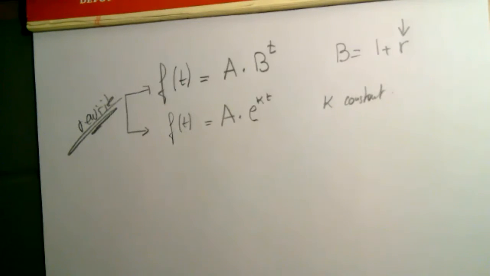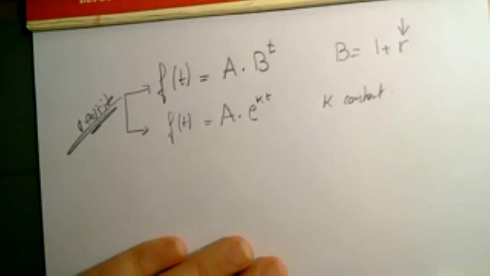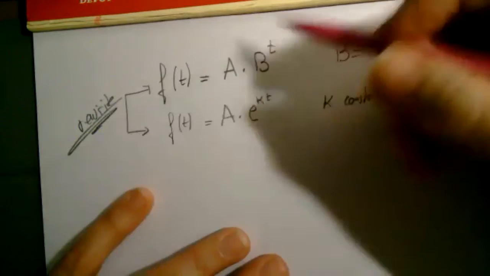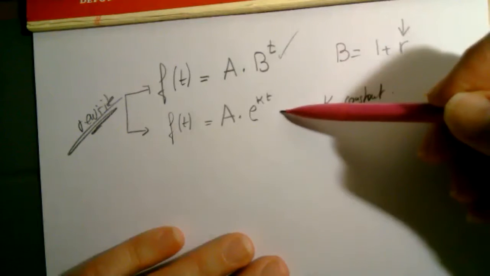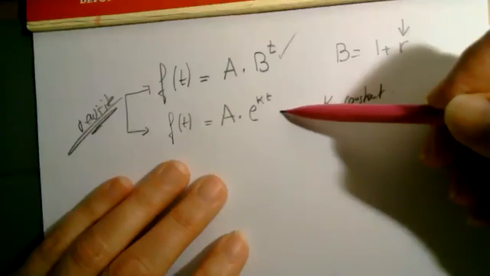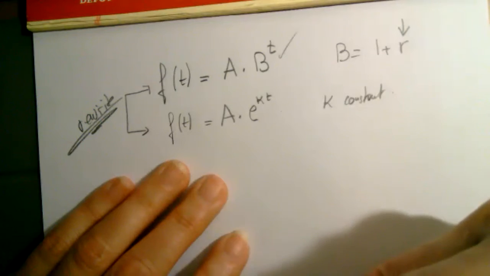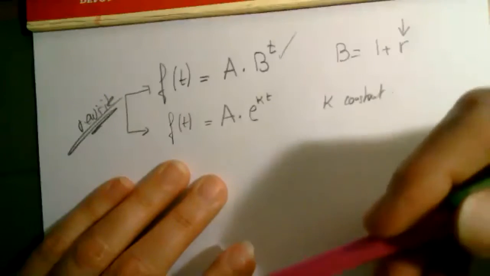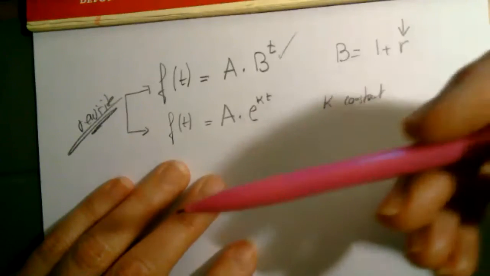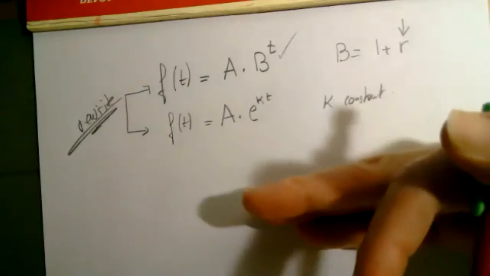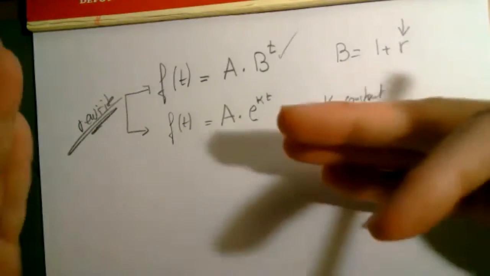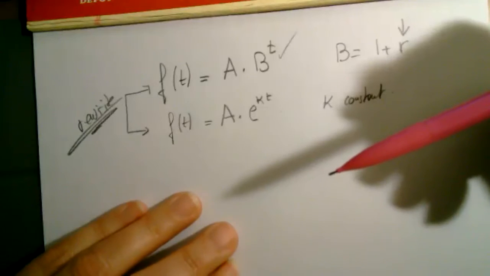Now, of course, you're going to tell me, why do you bother to rewrite the function since we understand it this way? Honestly, the main reason is the following. Exponential functions are extremely important because they represent the growth of a lot of quantities. Population usually grows exponentially, money grows exponentially, a lot of chemicals grow exponentially. The viruses that we went through, and are still going through, also grew exponentially at some point.